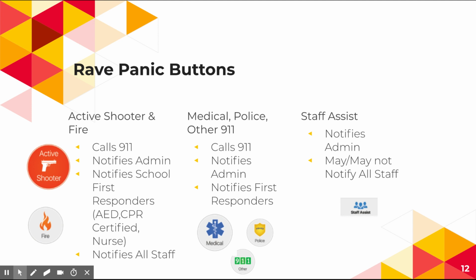Pressing the Staff Assist button on the homepage of your Rave Panic Button app opens a list of the Staff Assist templates that we have configured, which have a message and situation that may pertain to what may be going on at the time. Something like perhaps an altercation on campus between students, you could use the Staff Assist button to alert your SROs and administrators of an event.